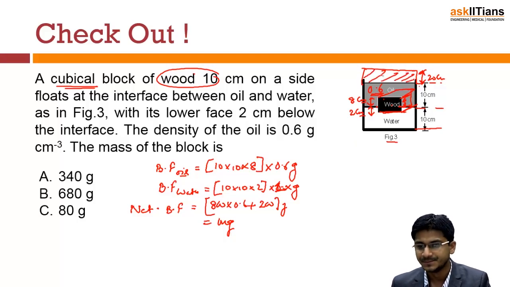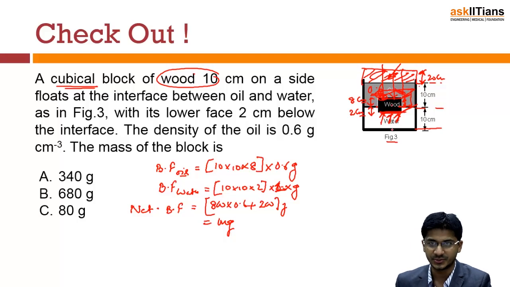The reason is that the pressure will definitely increase at this point because it has more oil molecules, or you can say more weight of the oil exerting on it. But at the same time, this is also transmitted across to this point. The increase of pressure due to this oil also increases the pressure at this point, and eventually both of them cancel out.